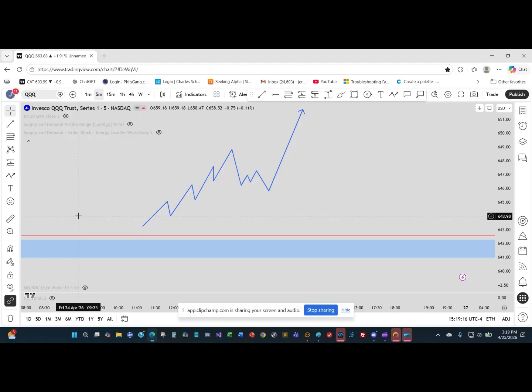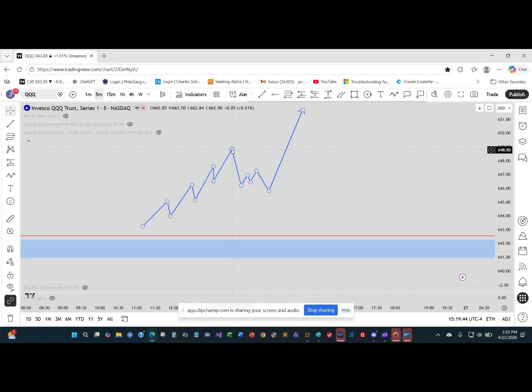Okay. So we're looking for bullish action, and what I drew here is an example of the pattern that you're looking for. With bullish action, you have new higher highs and higher lows: a new higher high, a new higher low, a new higher high, a new higher low.